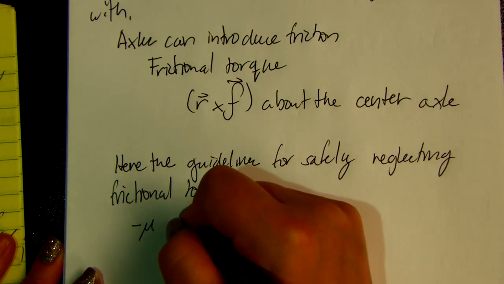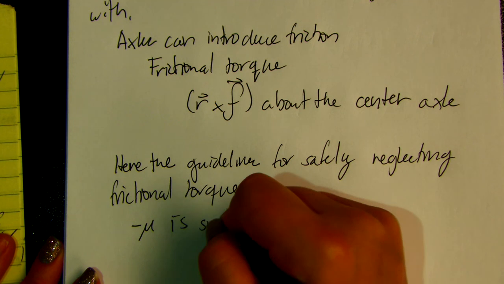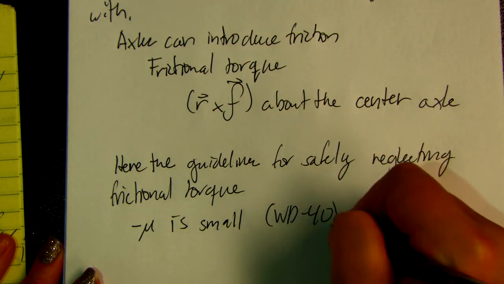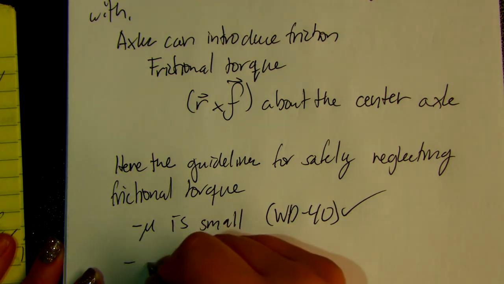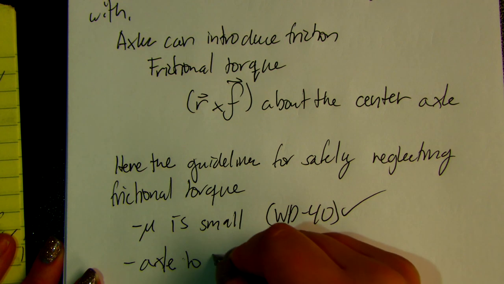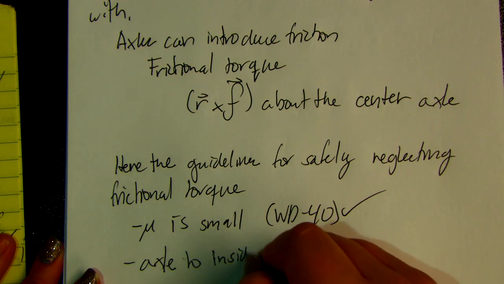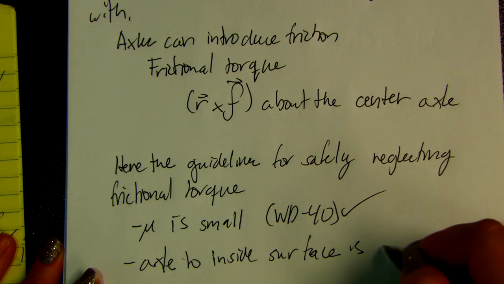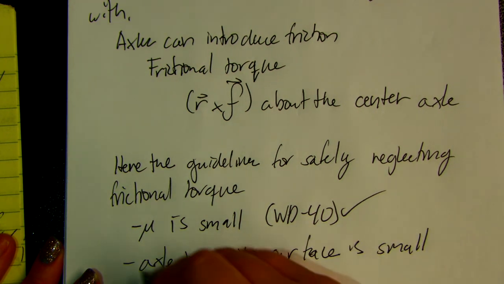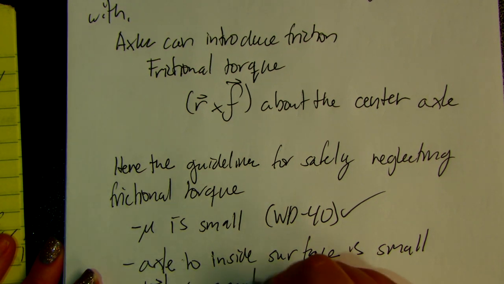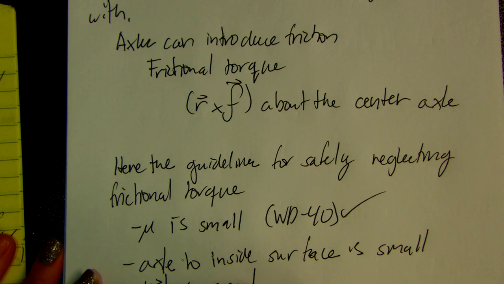So the coefficient of friction is small. So you put some WD-40 on that, and you're good. Or the axle to inside surface distance is small. So R is small, therefore R cross F is small.